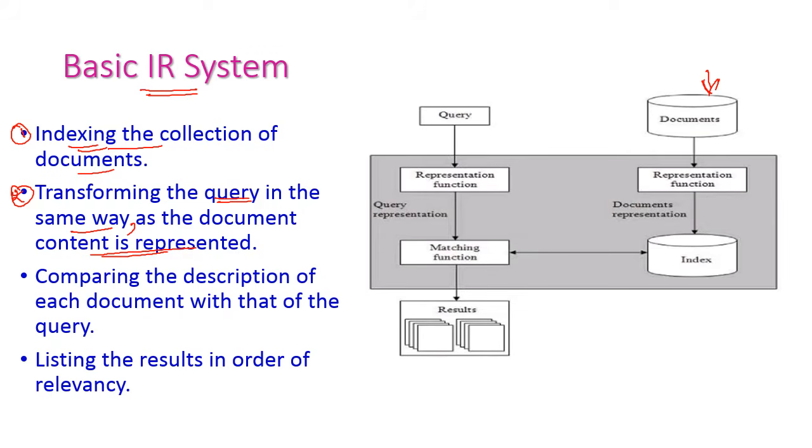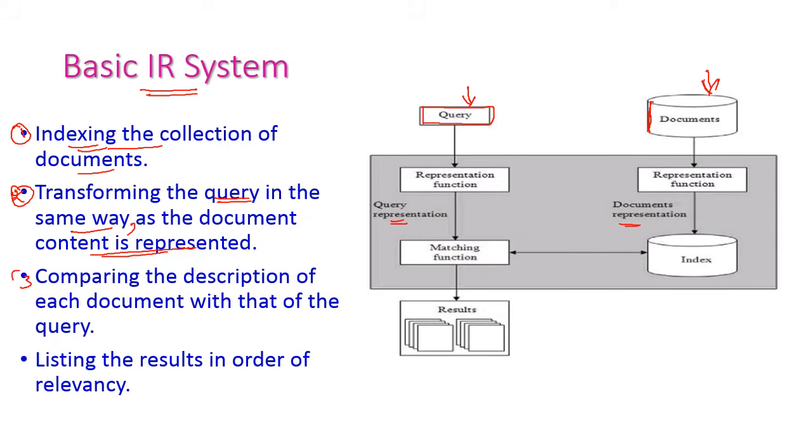Based on how the document content is represented in the database, accordingly the query should be designed. Then only we can retrieve the required information from the database. That is, the query representation and document representation should be equal.